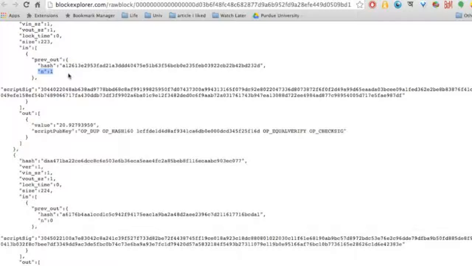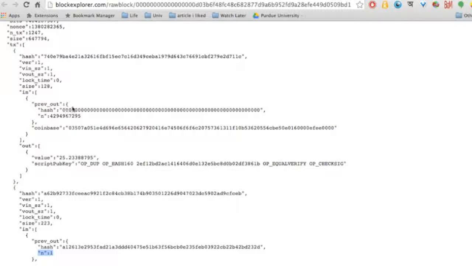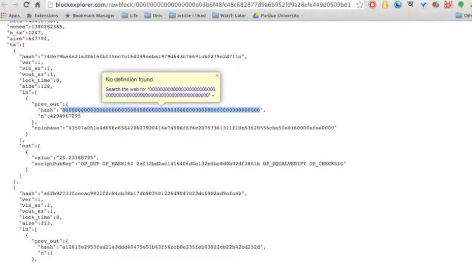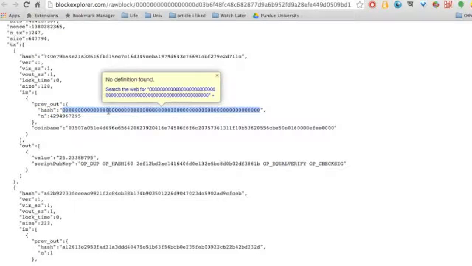Okay, so as we have been talking about, there's this weird all-zero hash ID, and this all zero actually refers to a special transaction.